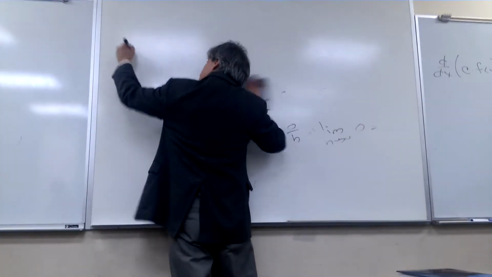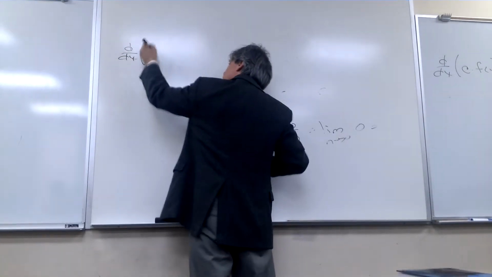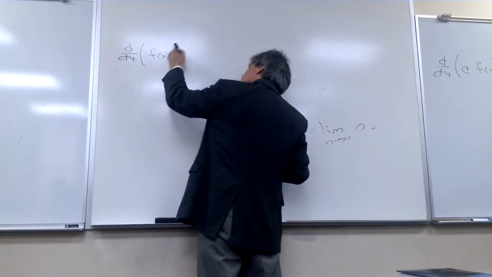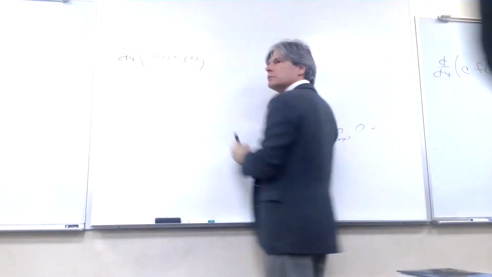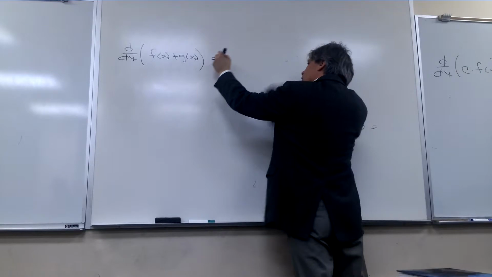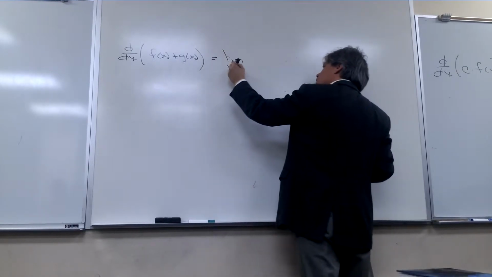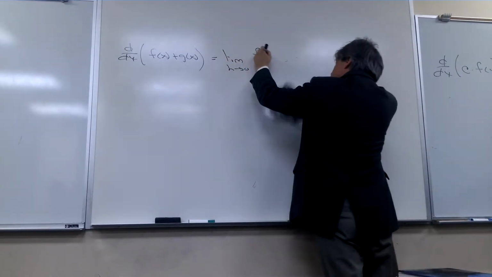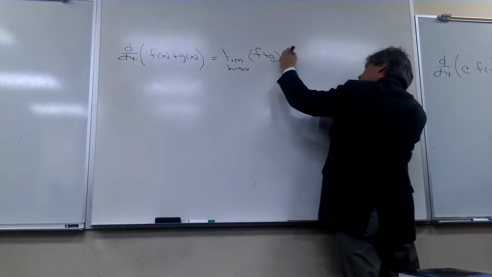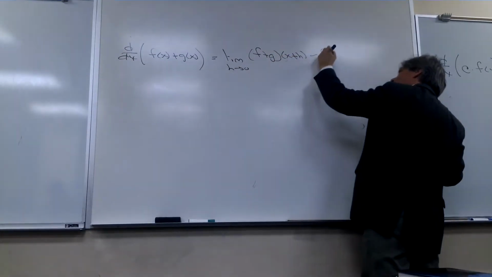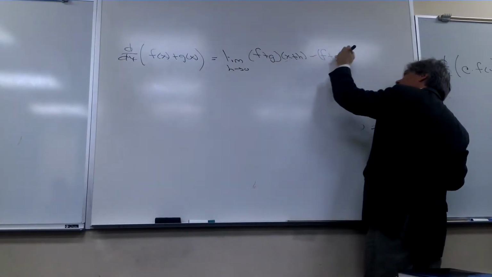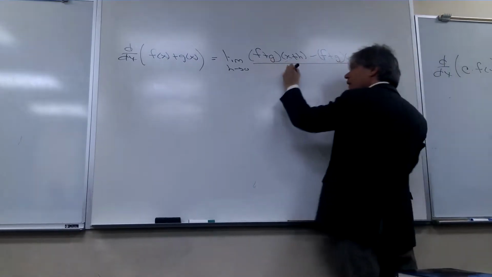So to differentiate with respect to x the sum of two functions, I think what I really have is the limit as h goes to 0 of my new function f plus g valued at x plus h, minus that new function valued at x, all over h.